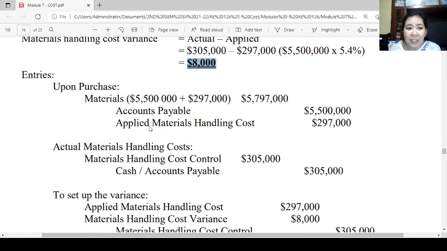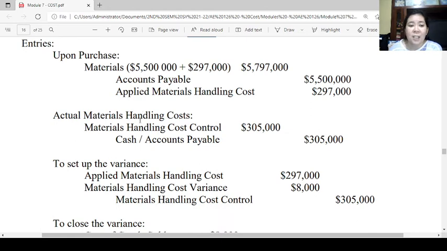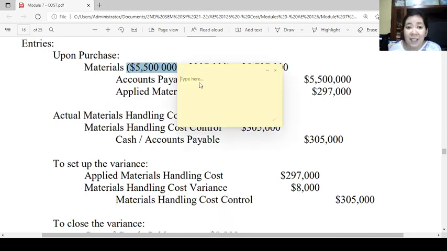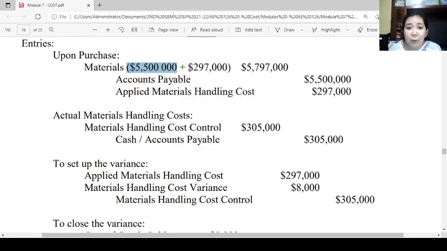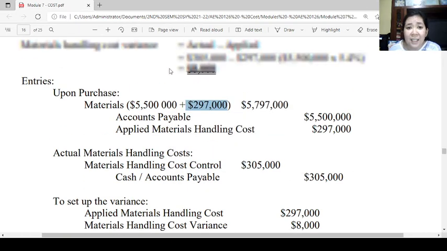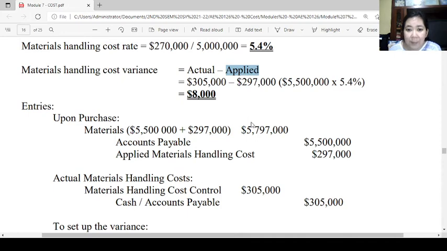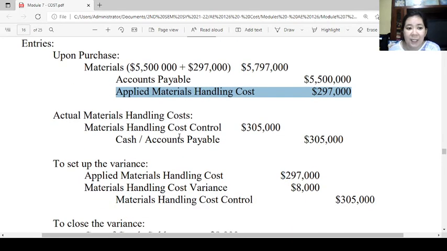So to account for this, our entry upon purchase is: we debit materials, actual purchases plus our materials handling cost of 297. This is applied, so the materials account is debited for a total of 5,797,000. Accounts payable is 5,500, and applied materials handling cost of 297 will be credited.